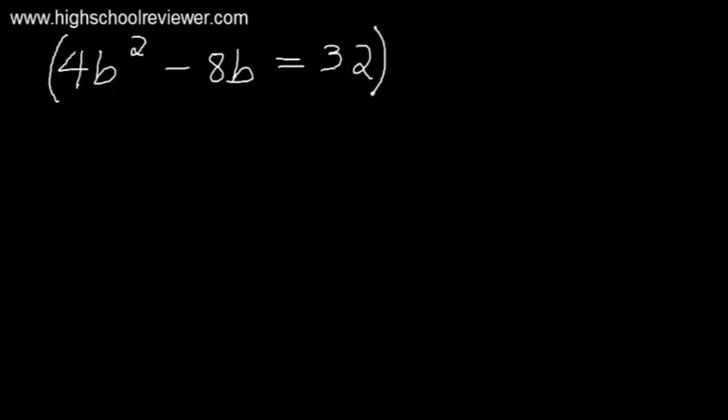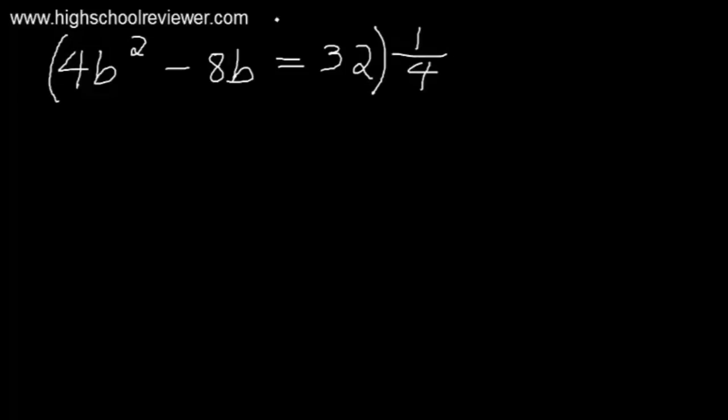Our next problem, we have 4b squared minus 8b equals 32. Okay. So first, we need to cancel out the numerical coefficient of our first term. So we need to divide both sides of the equation by 4. Okay.